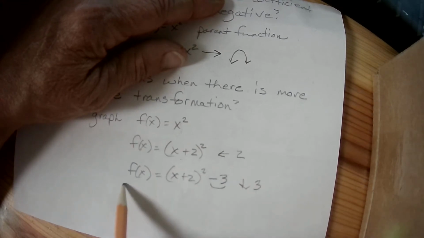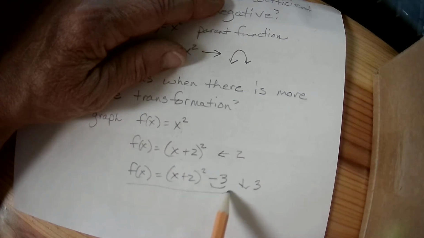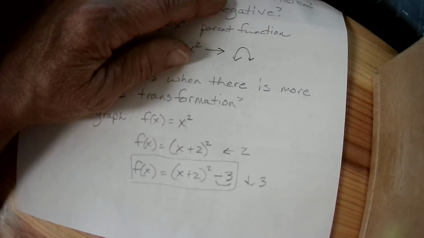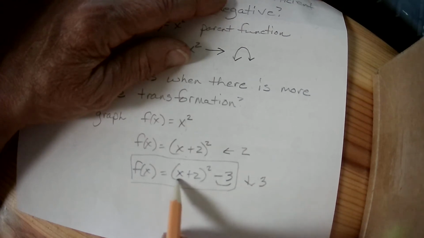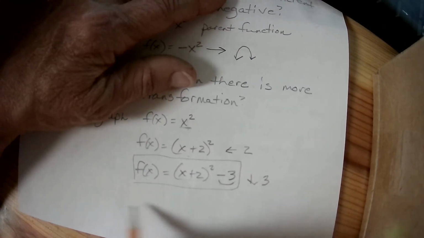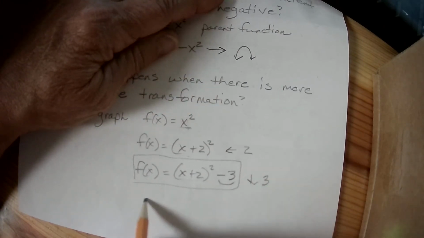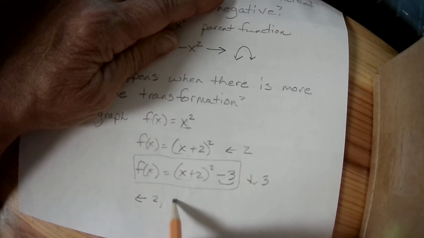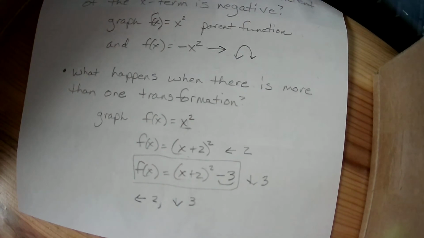So if you have a problem with this function right here, and you have to describe the transformation of this from this, you would just say, to the left 2, and then down 3. You could write that all out in words if you choose to, but I'm kind of lazy and I just like to do that.